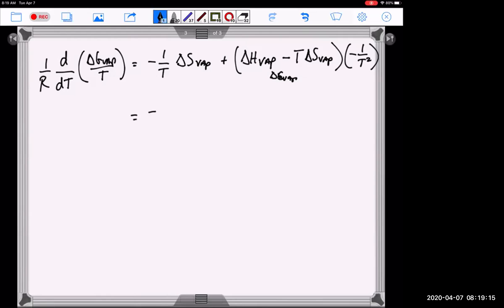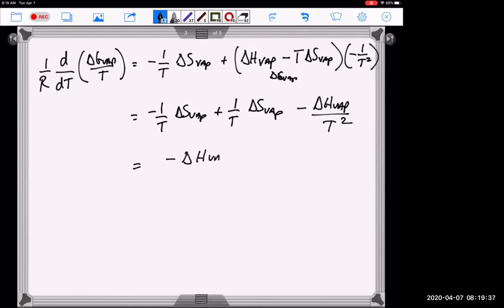And then we get minus 1 over T delta S of vaporization. Then we get plus 1 over T delta S of vaporization, and minus delta H of vaporization over T squared. And now all of this just equals delta H of vaporization over T squared. Don't forget our R. Now we just put R there.